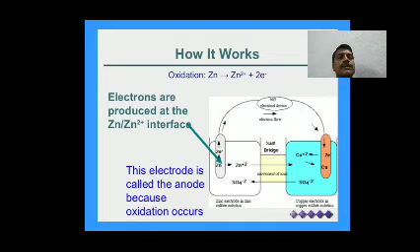Zinc gives rise to Zn2+ plus 2 electrons. Electrons are produced at the zinc interface. This electrode is called the anode, where oxidation occurs.